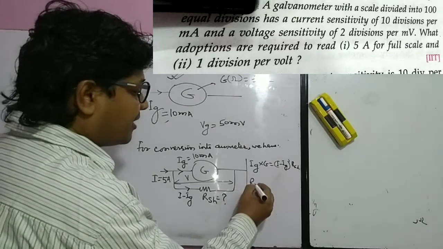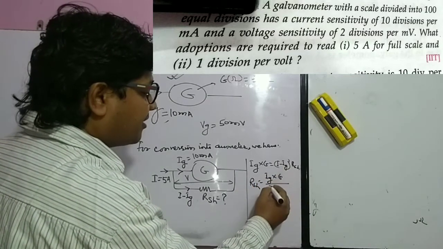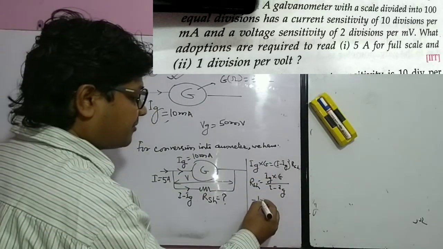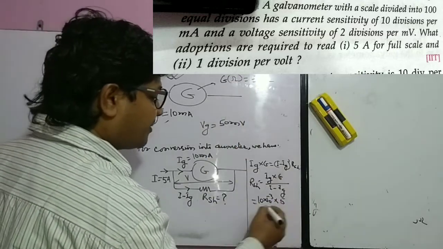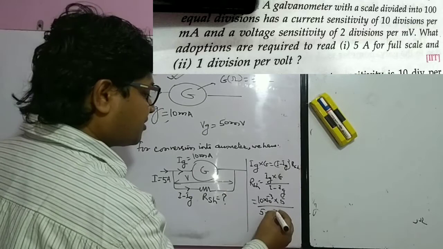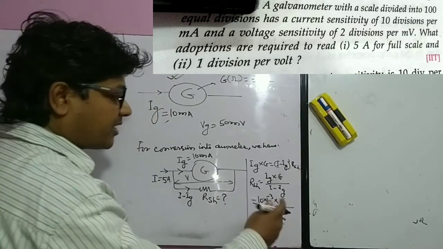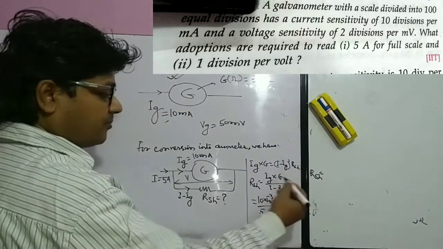So we have to calculate RSH. So this will be equal to Ig into G divided by I minus Ig, and everything we have. Ig is 10 milliampere, 10 into 10 to the power minus 3. G is 5, and I minus Ig is equal to 10 by 1000, right? So RSH will be equal to what?